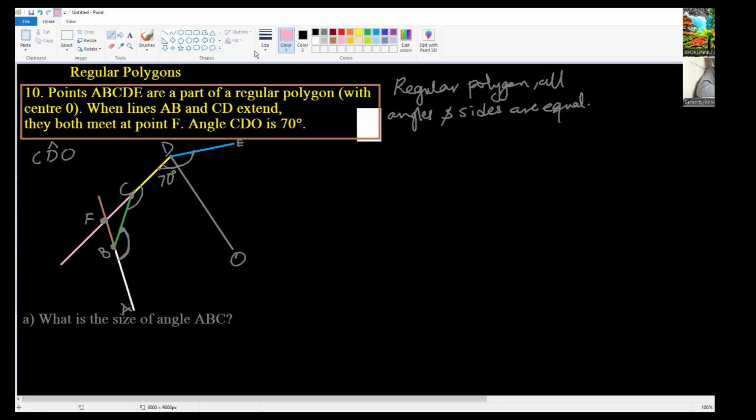So if I create another line from here to this spot, let me put it this way, then this angle also will be 70, okay?